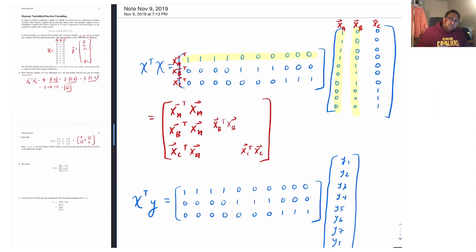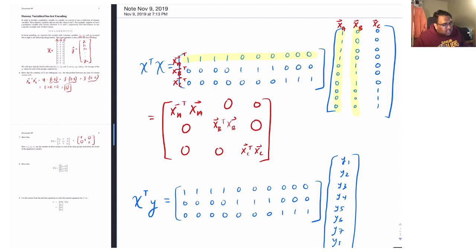Everything other than the elements of the diagonal in X transpose X is just the dot product of 2 unequal columns. So for example, here I'd have XB transpose XC, for instance. That's also going to be equal to 0. And so all of these elements that are not on the diagonal, I can just replace with 0 because they're the dot product of 2 not equal columns.